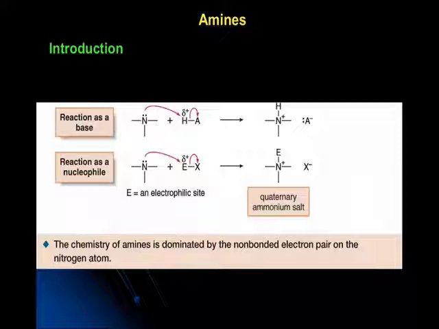And the take-home message of this is that all the chemistry of amines is really dominated by that lone pair, right? It just depends on what they're reacting with. If they're reacting with a Bronsted Lowry acid, they're just going to function as bases. If they are going to react with some type of Lewis acid like iodomethane or something like that, then they're going to behave as a nucleophile.